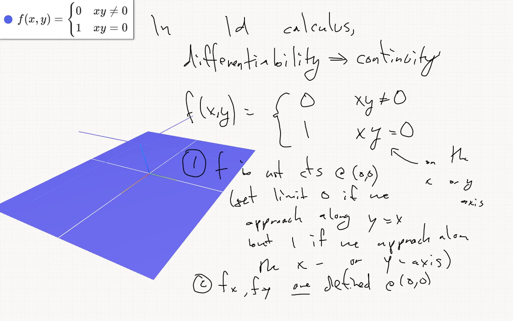And so the problem we can see in this situation is that we are only probing the function in these two directions, x and y, which is not enough to really see the full behavior of this function. Whereas if we were taking the derivative along any other direction, like a line such as this, then that would be detecting this discontinuity.